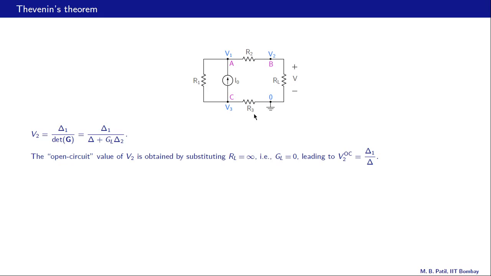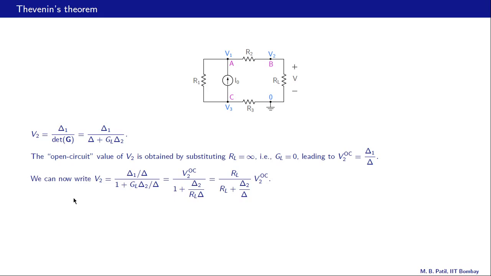Let us now look at the open circuit value of V2, that means the value of V2 when RL is infinite. When RL is infinite, GL, which is 1 over RL, becomes 0, and therefore we have V2 equal to delta 1 divided by delta. So that is our V2 in the open circuit condition.